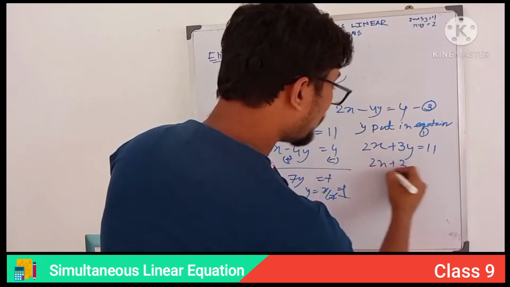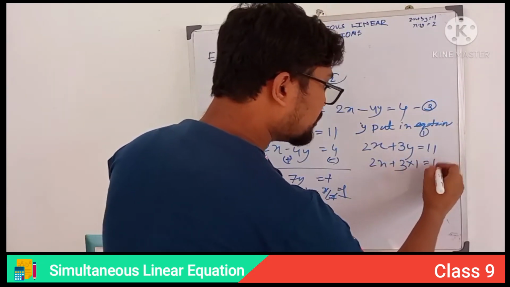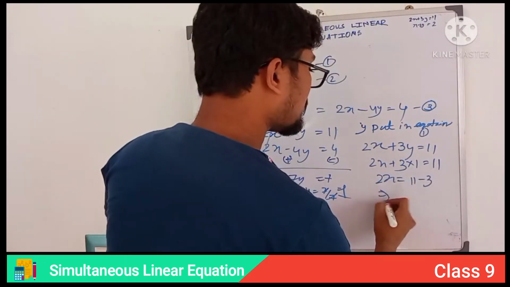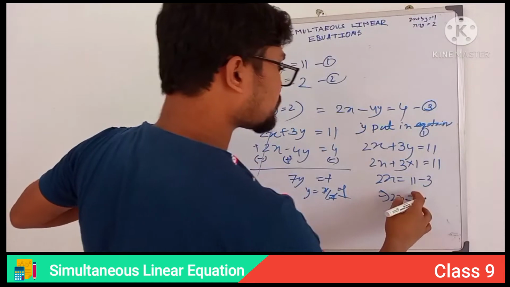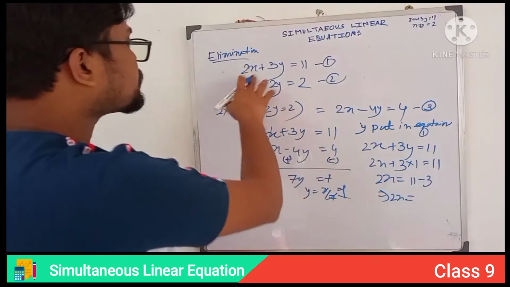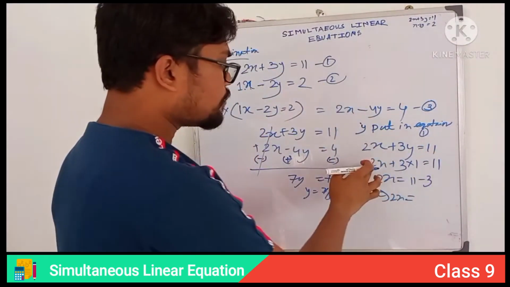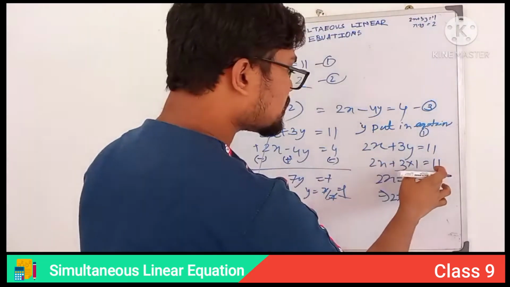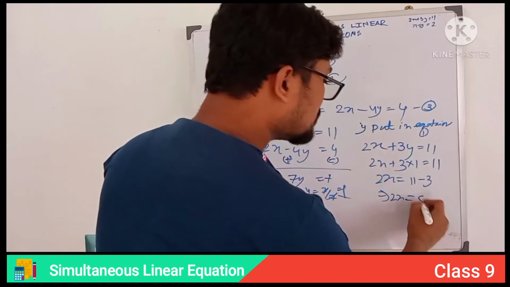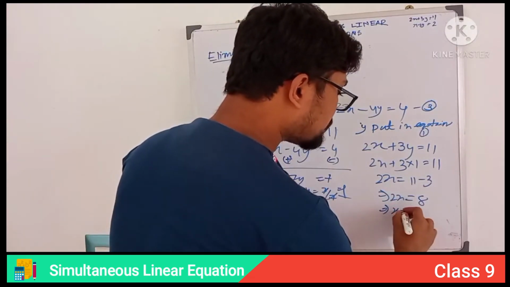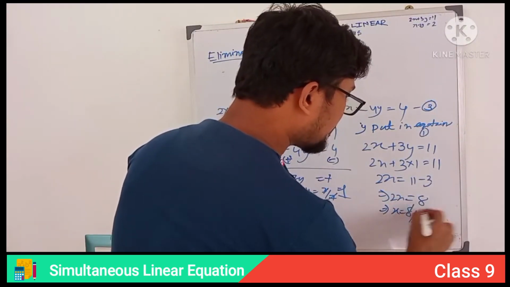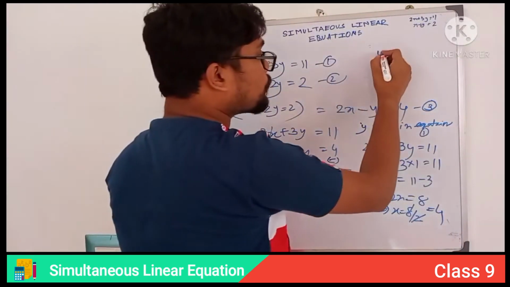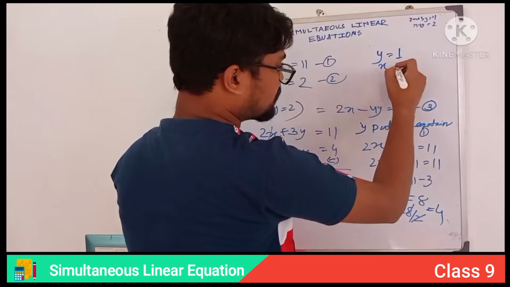The value of y is 1, so 2x plus 3 equal to 11. 2x equal to 11 minus 3, which is 8. So x equal to 8 by 2, that's equal to 4. Here from this elimination method we get y equal to 1 and x equal to 4.